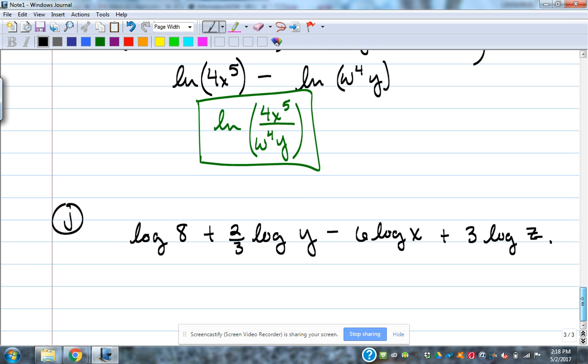Trying to throw it as tough as it gets here, I think, for algebra 2 to play. So we got log 8, 2/3 log y minus 6 log x plus 3 log z.